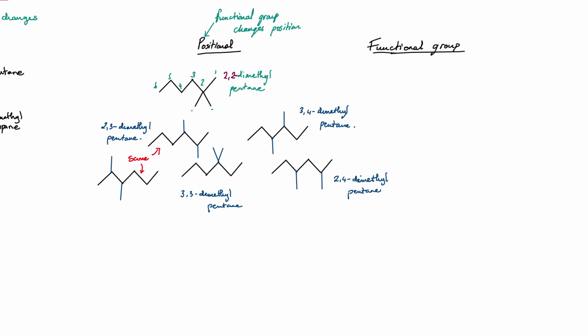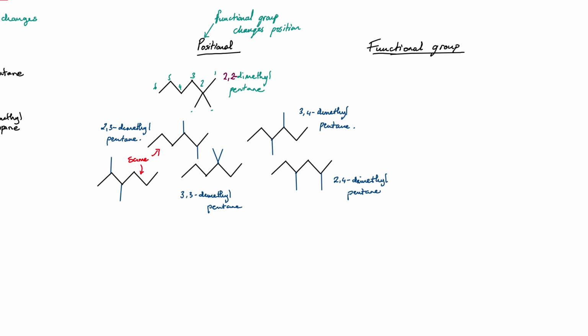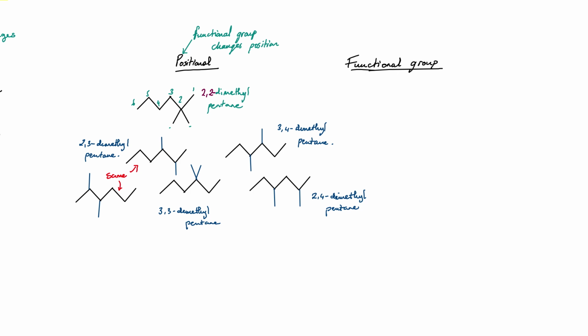Last but of course by no means least, functional group isomers. Now, functional group isomers is when you move the atoms around in the molecule, and that results in a different functional group entirely. So you have the same molecular formula but a different functional group.